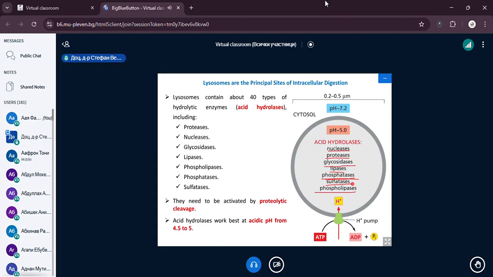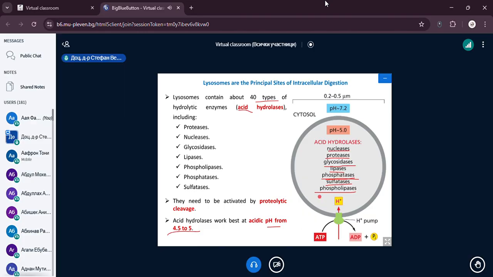These are sulfatases. So more than 40 types of enzymes. And they are called acid hydrolases because they are active in acid pH. They are only active when pH is between 4 and 5.